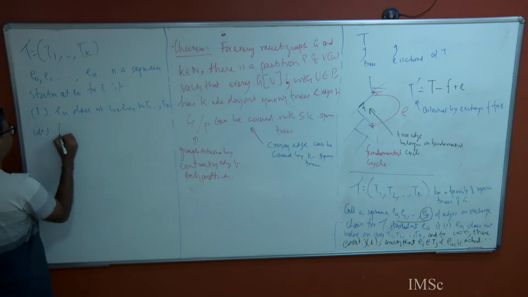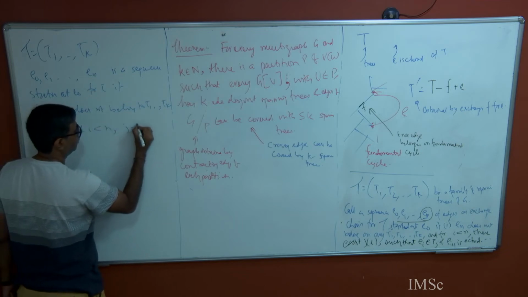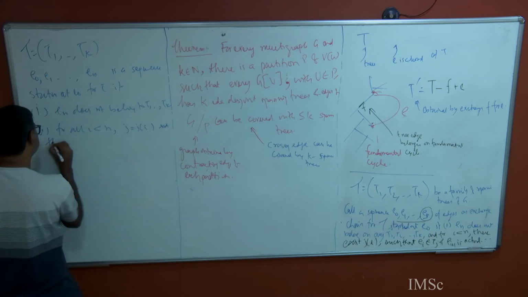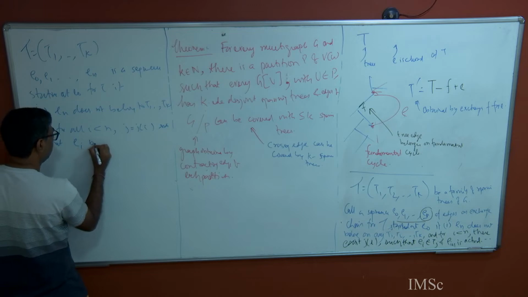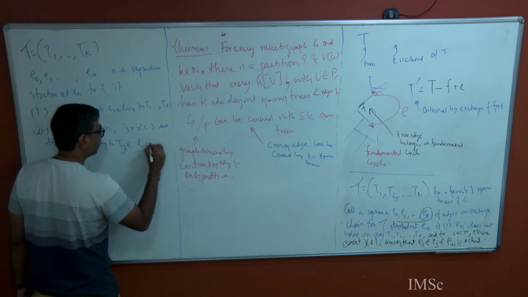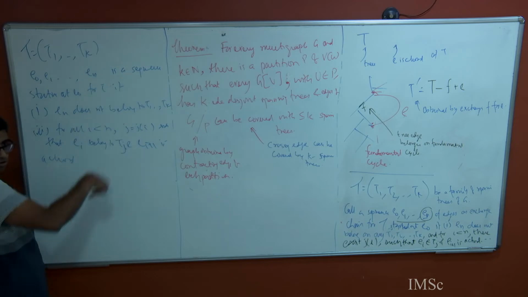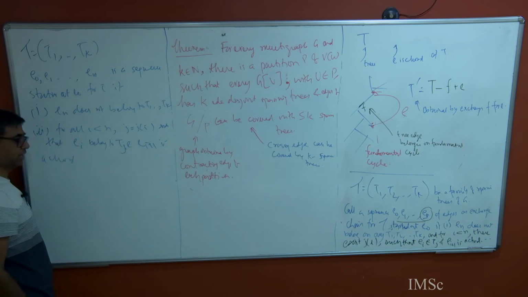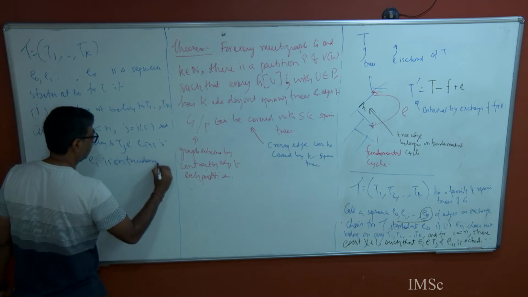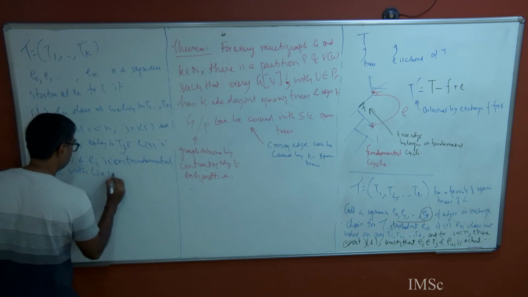Secondly, for all i less than n, there exists a spanning tree Tj depending on i such that Ei belongs to Tj and Ei plus 1 is a chord. It means Ei plus 1 is not on Tj and Ei is on the fundamental cycle with Ei plus 1.